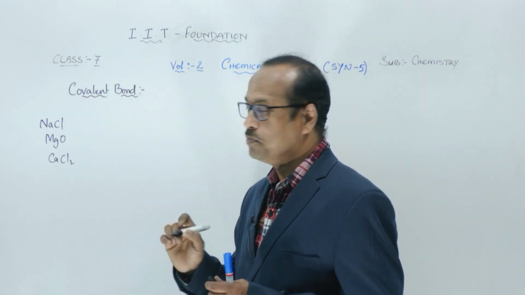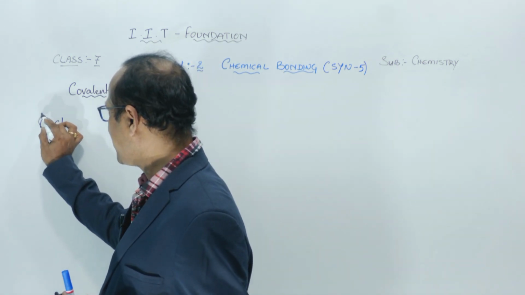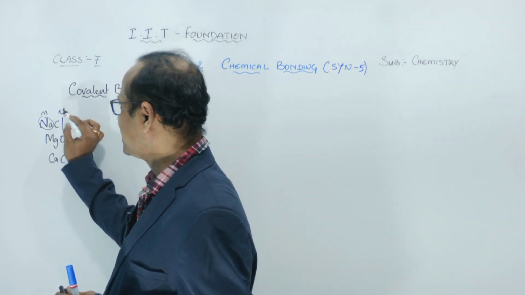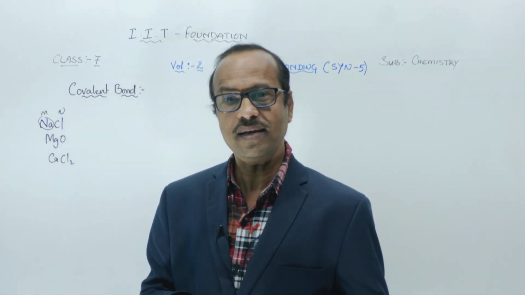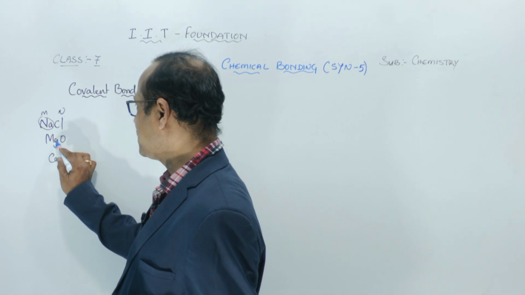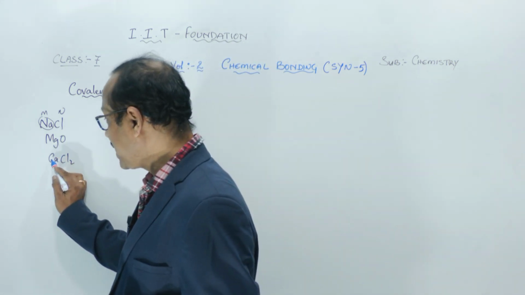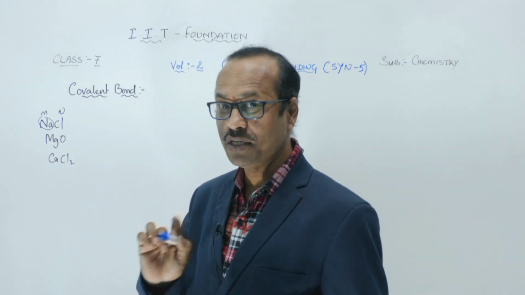But I think you might have observed that in sodium chloride, sodium is a metal and chlorine is a non-metal, right? In magnesium oxide, magnesium is a metal and oxygen is a non-metal. In calcium chloride, calcium is a metal and chlorine is a non-metal.